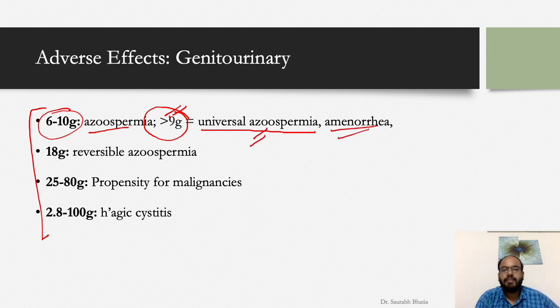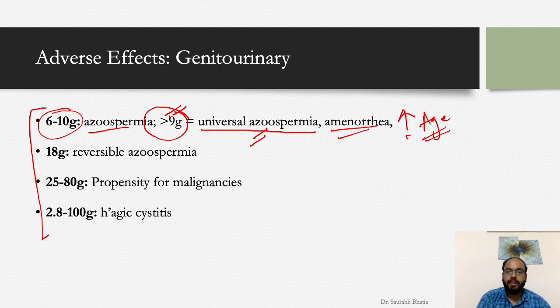Amenorrhea is seen in females, and the chance of developing amenorrhea increases with the age of the female. If the female is more than 40 years of age, the chance of amenorrhea is very high. The patient will develop amenorrhea, and that amenorrhea can in fact be irreversible. It might not revert back to baseline when the doses are stopped.